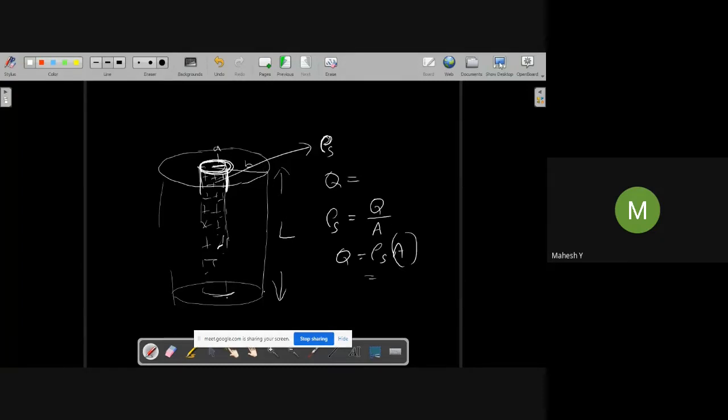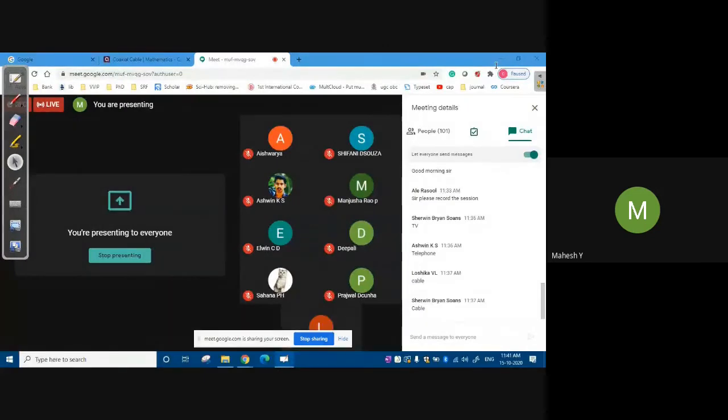Rho into L if it were a line charge distribution. Now we have a surface charge distribution, right? See the image here.